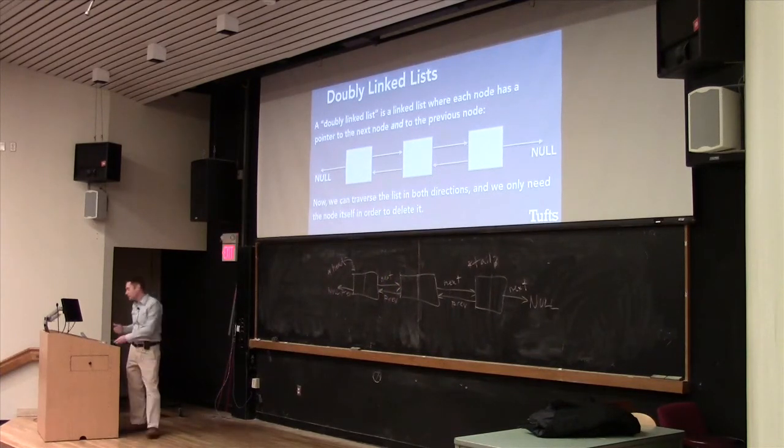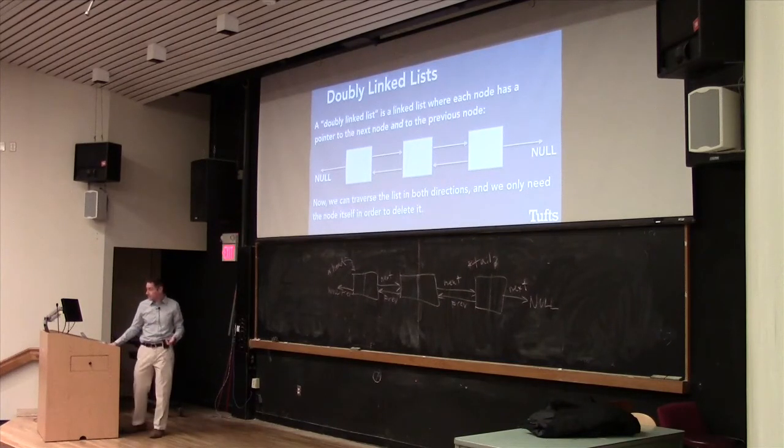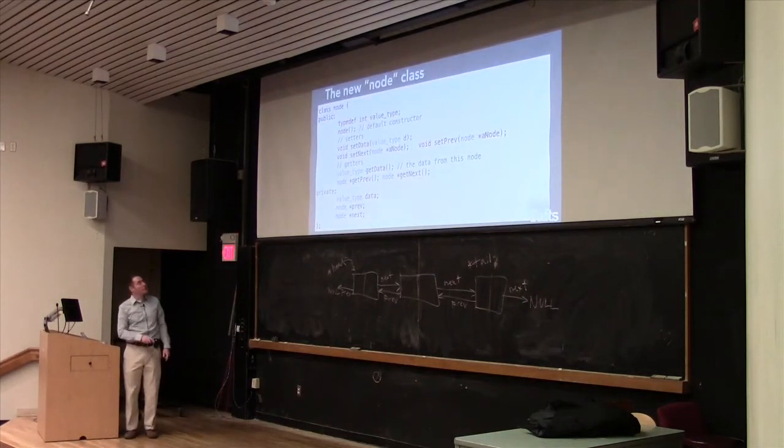So there are trade-offs to this, but it makes it a little bit easier to do some things and a little bit harder to do other things. The harder part is writing the actual code to do it, which we'll go through. But what's nice is once you do that, then everything else becomes a little more efficient. OK? All right. So here's our new node class.